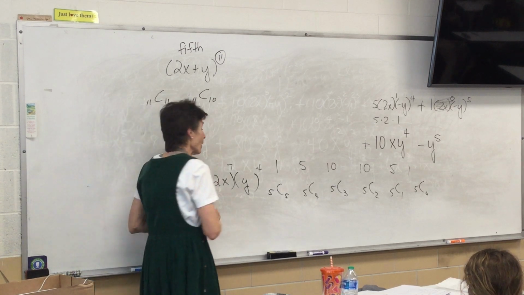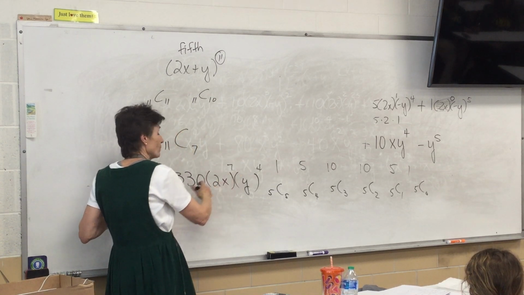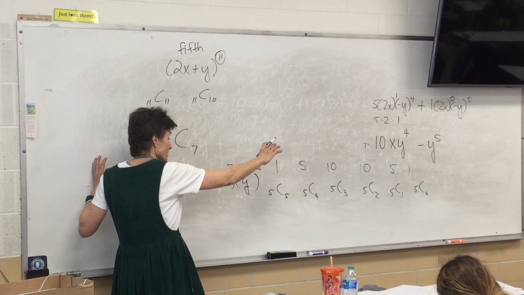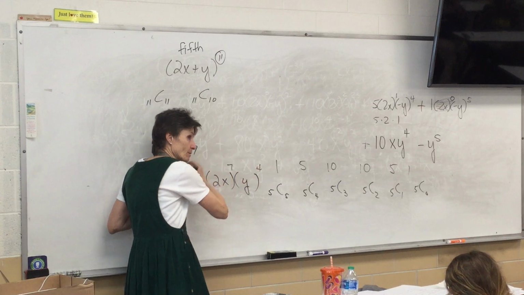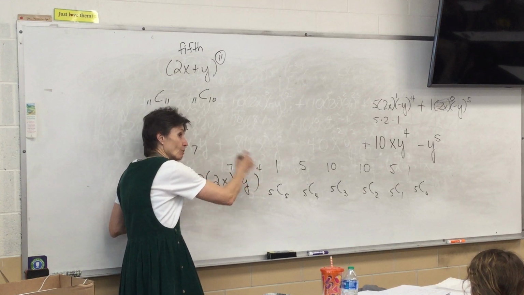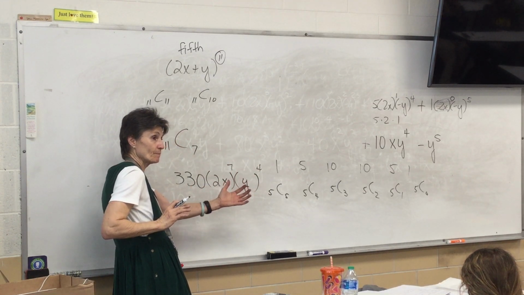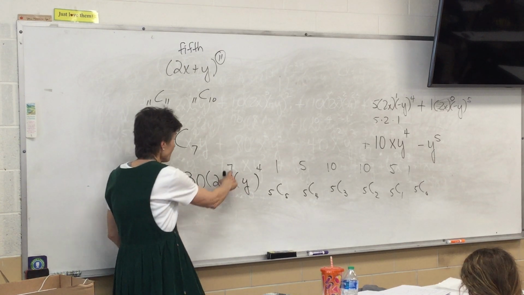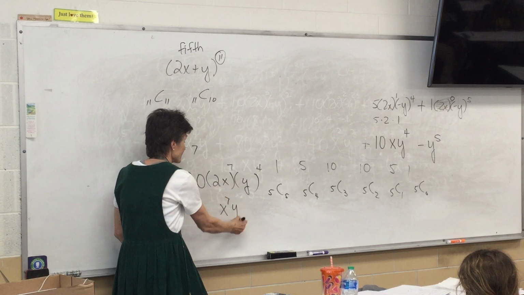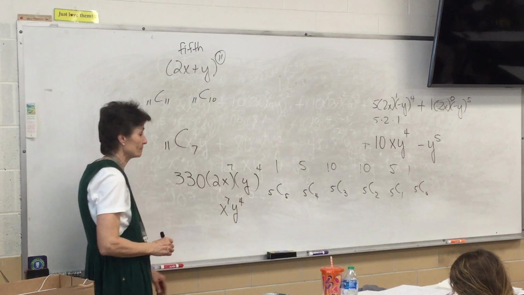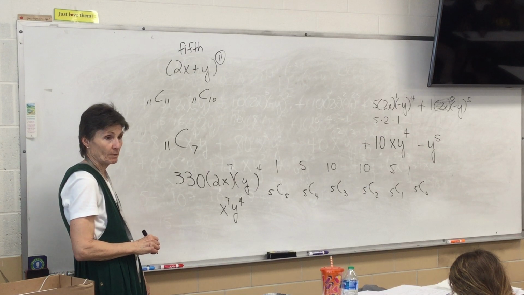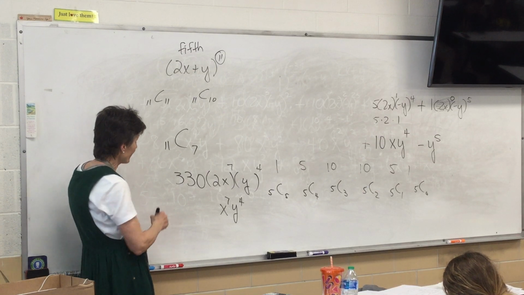If you wrote out the whole row, and there would be a bunch of them because it's 11, there'd be a whole bunch going across. This right here would be the 5th term of that whole mess. So now you get to simplify. I know my powers are going to be x to the 7th, y to the 4th. I just need my numbers. So what have I got?